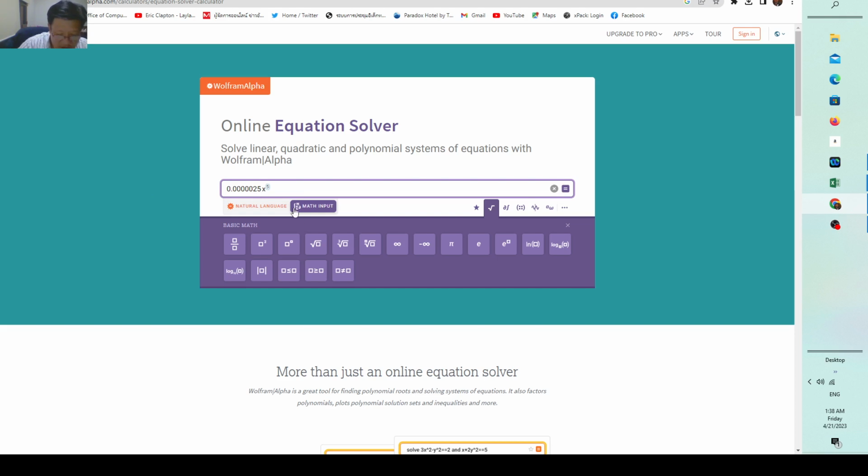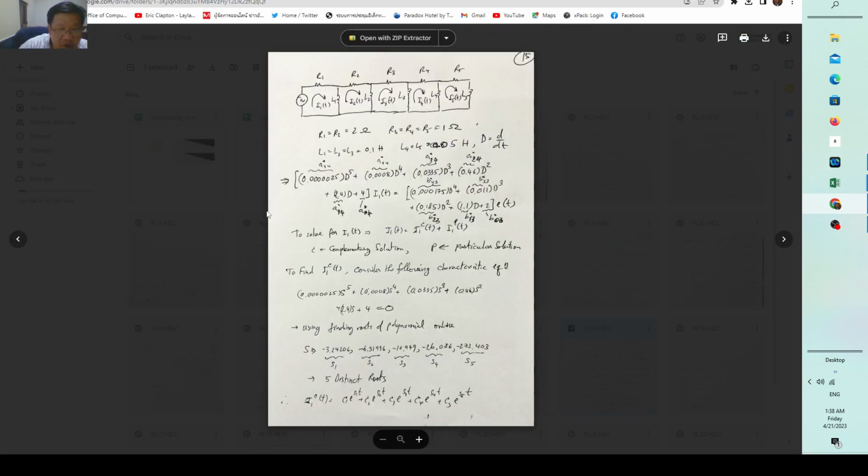You put 5, and then scroll down to come back to the normal horizontal line of input. Plus, what is the x to the 4? The x to the 4 coefficient here is 0.0008.